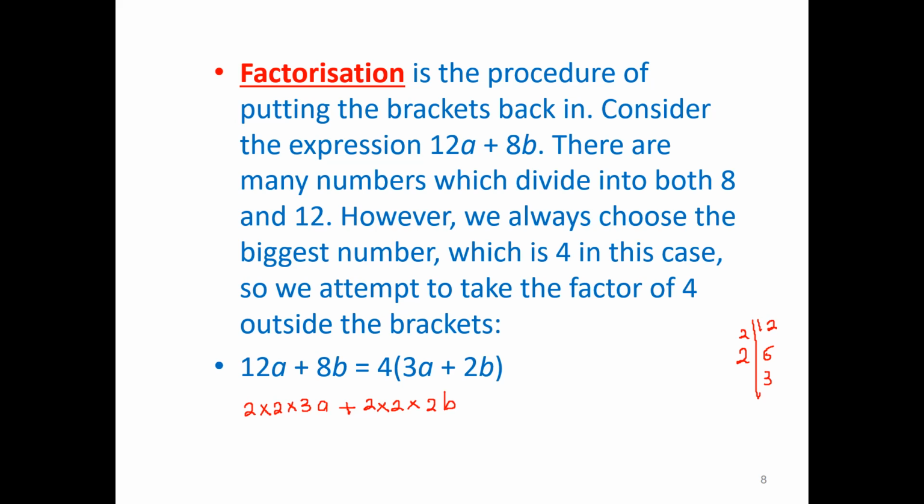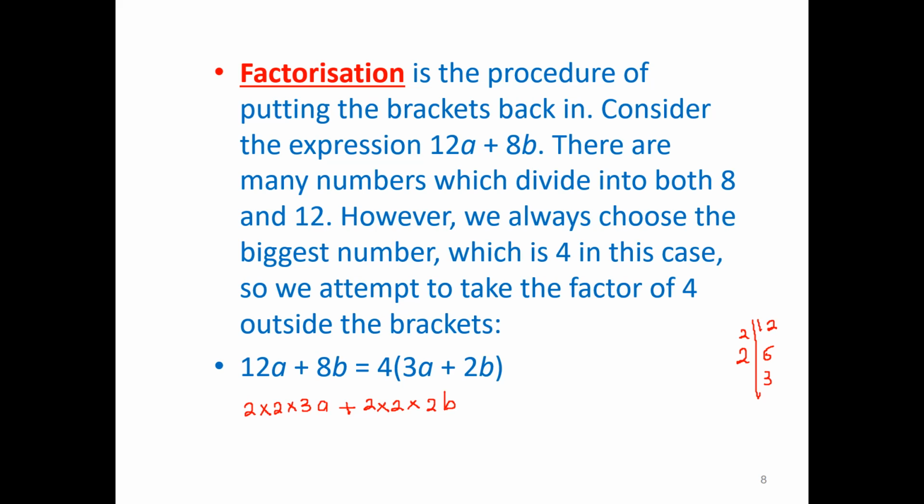If it cannot be divided by 3, you divide by 5. So always you divide by the prime numbers, and we start from the smallest prime number: 2, 3, 5, 7, 11, 13, and so on. We call them prime numbers.